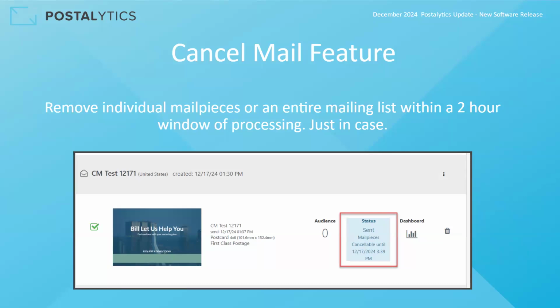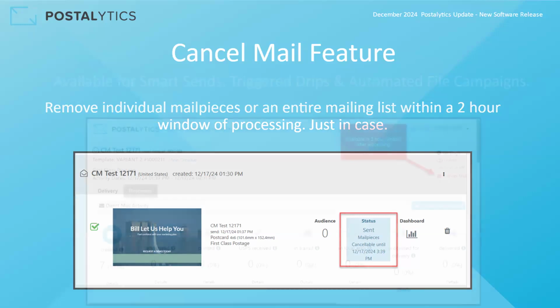And so, what we've learned over time is that sometimes people make mistakes and they need the option to be able to intervene and stop a campaign or individual mailers.